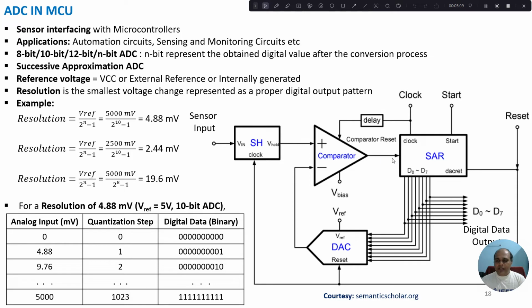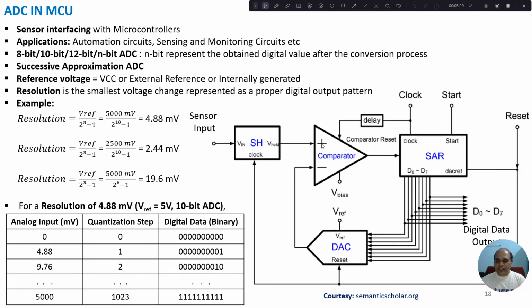Once the comparator finds the input voltage equal to the DAC voltage, the binary bit pattern will be frozen. That binary bit pattern is obtained as the digital data for the corresponding input. That is how this successive approximation ADC works.